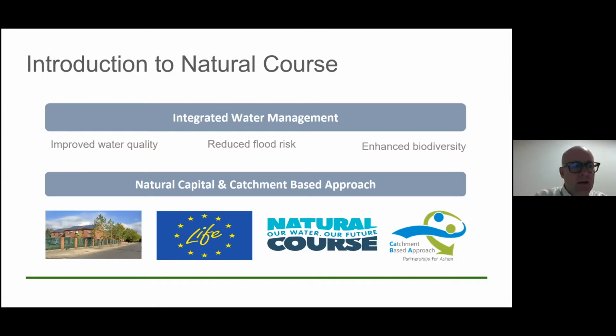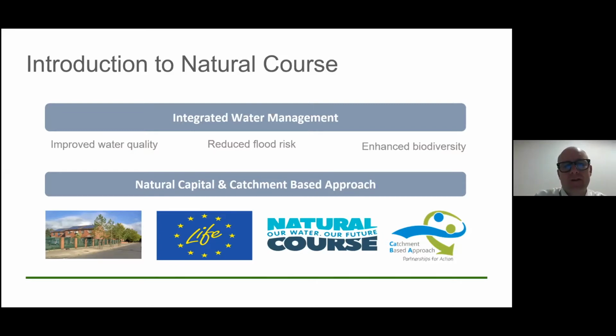A lot of this is to do with how we meet the Water Framework Directive requirements around good ecological status. So a lot of that is to do with how we improve our rivers in Greater Manchester. A lot of them have been heavily modified because of the Industrial Revolution, but also a lot of pollution.